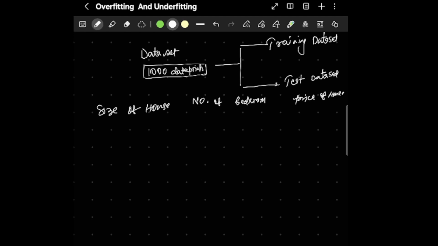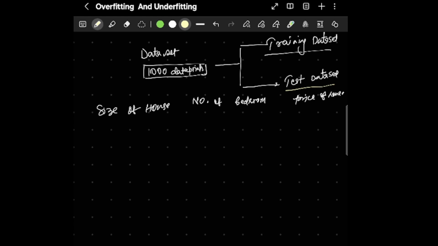So the first step of training a model is to split the data into two parts: the training data set and the test data set.